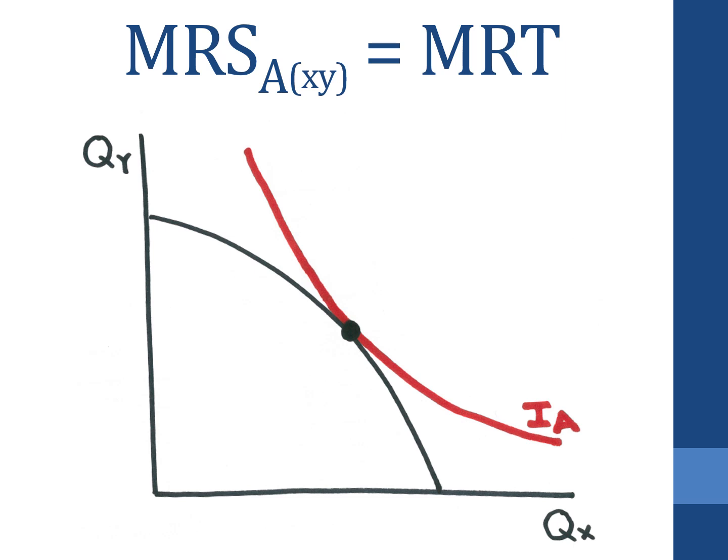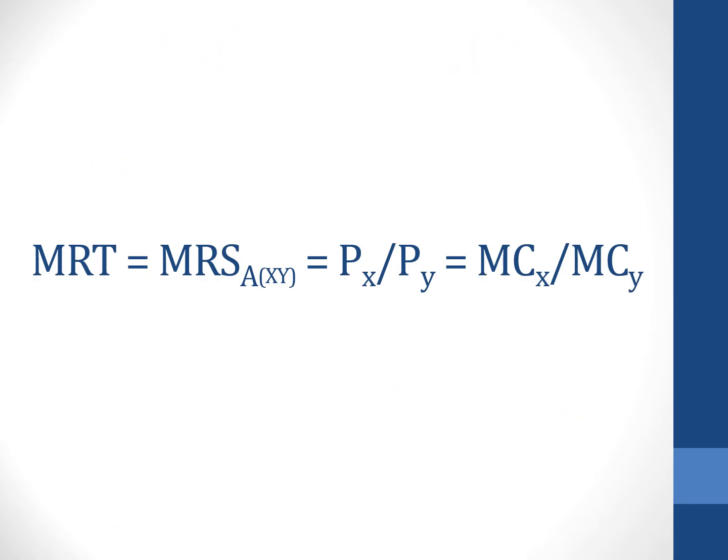And so what we end up with is an extreme set of conditions where, when we have this output efficiency, everything ends up equaling everything else. What we end up with is a situation where the marginal rate of transformation, the slope of the production possibilities frontier, is equal to the marginal rate of substitution, the slope of the indifference curves. And we know that the slope of the indifference curves has to be equal to the ratio of the goods' prices, right?